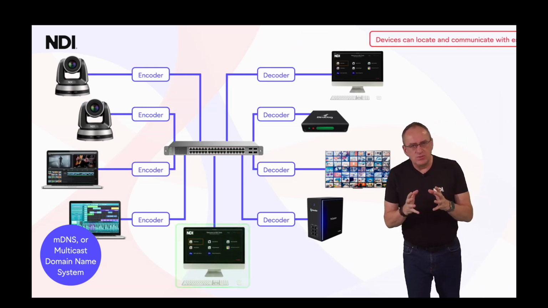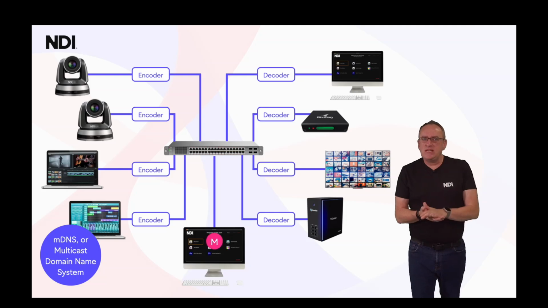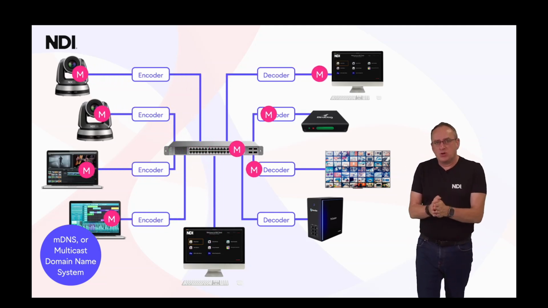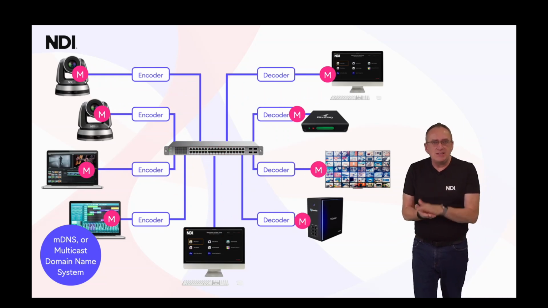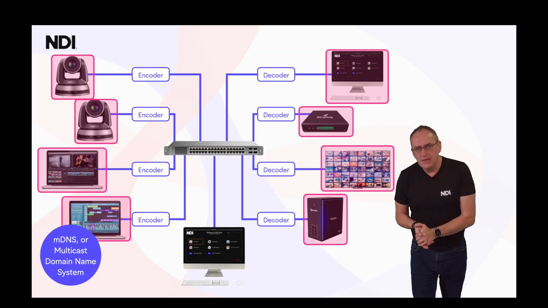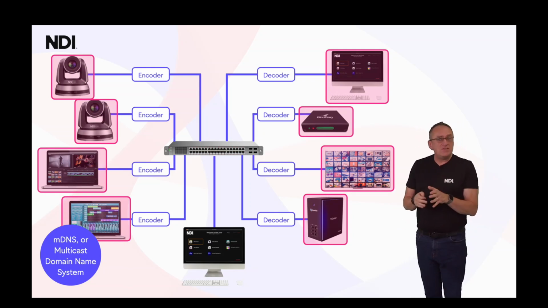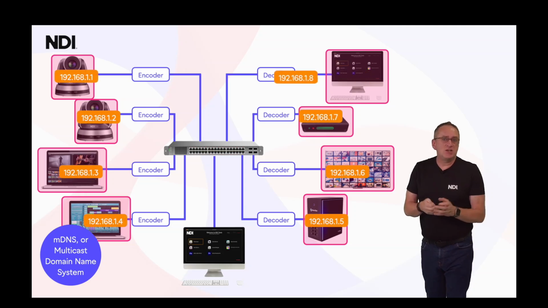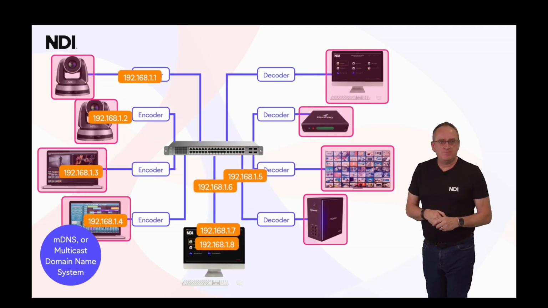In technical terms, mDNS uses multicast UDP packets, user datagram protocol packets, to send discovery messages to all devices within the local network. When a device receives this multicast query, it responds with a DNS message that contains its IP address.